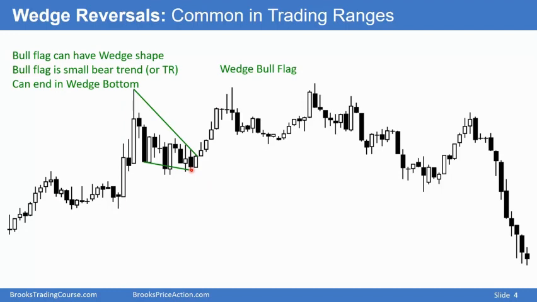The pullback was a wedge bull flag. And that's true here as well. We're trying to trend down. We have a lower high, we have a lower low. It's a bear channel, but it has a wedge shape. And here, it's only about a 50% pullback in a bull trend. The odds are this wedge bear channel is going to have a bull breakout, and therefore, it's a pullback in a bull trend.